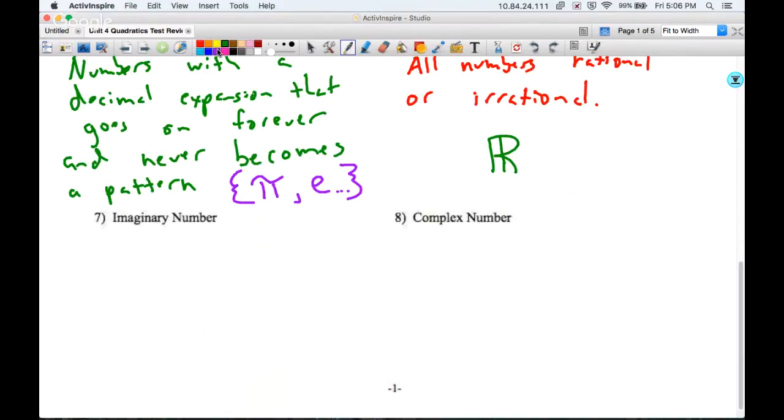An imaginary number is a number off of the number line.